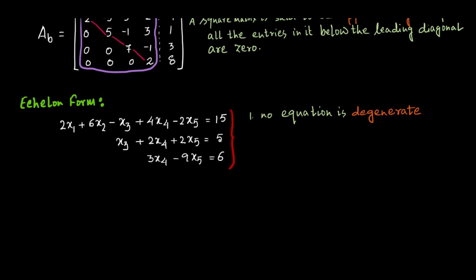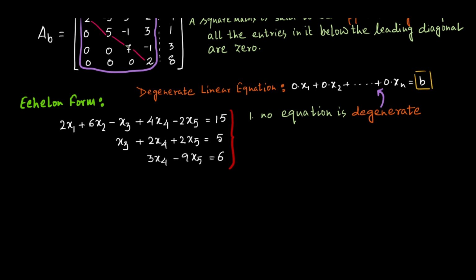Let me remind you, by a degenerate linear equation, we mean an equation of this form. That means the coefficients of all the unknowns will be zero. Now you can understand that the solution of this kind of a degenerate linear equation will depend on the value of this right hand side constant b.